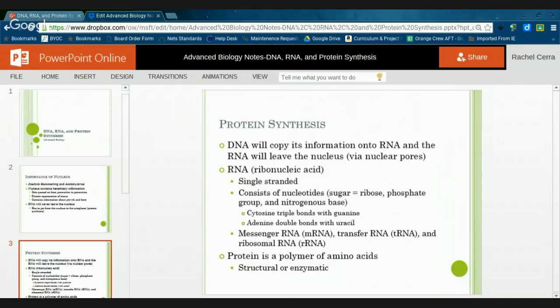It's a double bond, which I've noted there on your sheet, and then cytosine and guanine are going to form a triple bond, which I think we talked about. But that's your nucleotide. That's what DNA and RNA are. They're nucleic acids, which are built from these nucleotides. So, a crash course there.